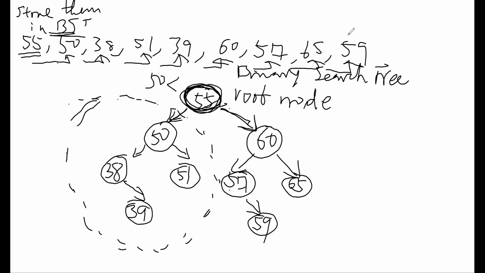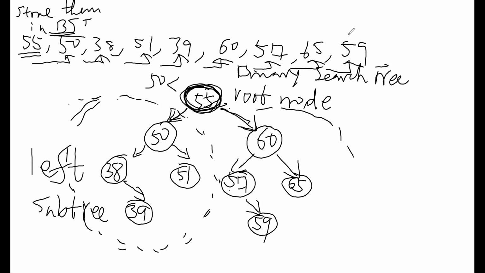And this kind of tree, we call it a subtree. And this subtree is on the left part of the root node, so we call it the left subtree. And the other part is the right subtree.